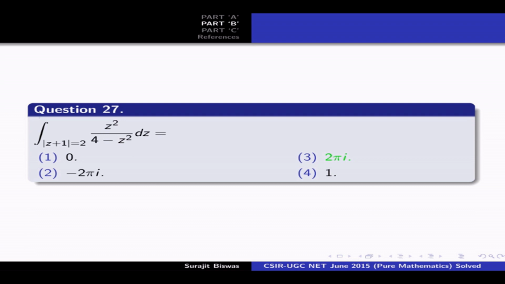Question 27. Here we need to find this integration, and to compute it we will use Cauchy's integral formula.